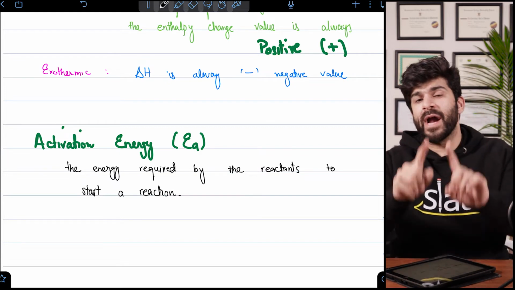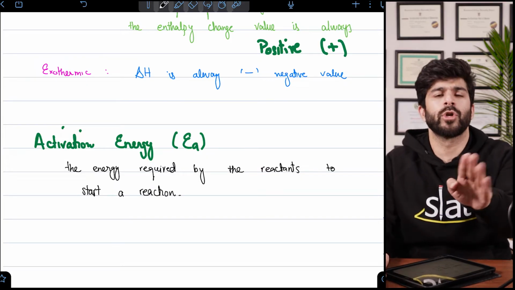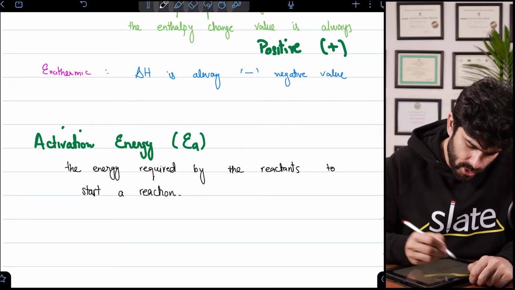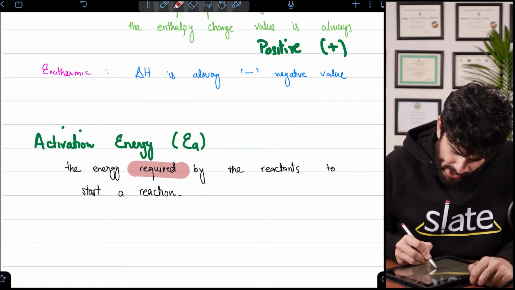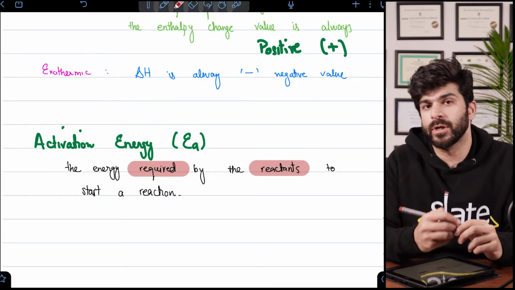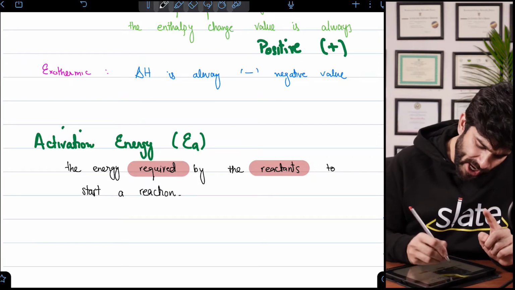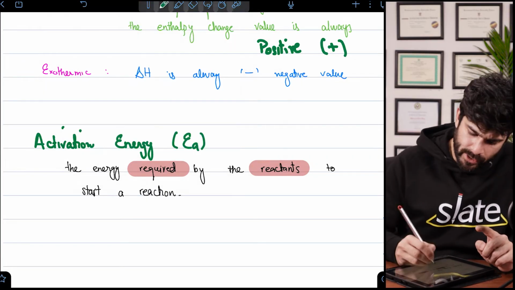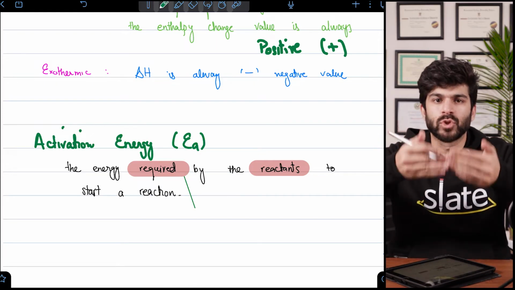So if you don't provide your reactants with the activation energy, your reaction is not going to be started. So A, it's required. B, that too by the reactants. These two are important things to remember. Activation energy. So why have I highlighted the part that it's required? Since it's required, it's needed, it's absorbed.